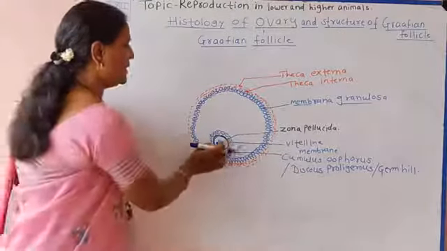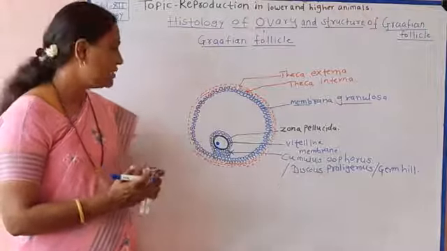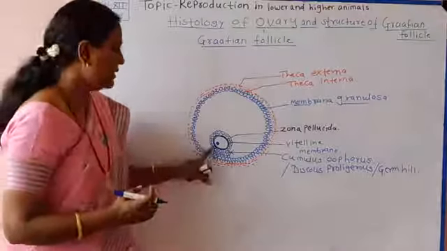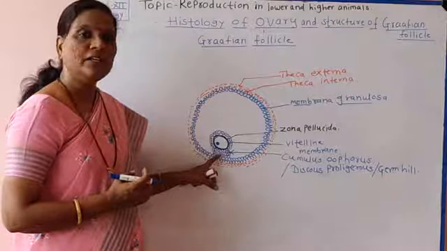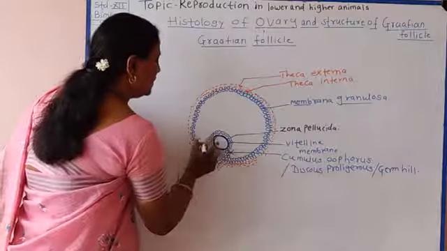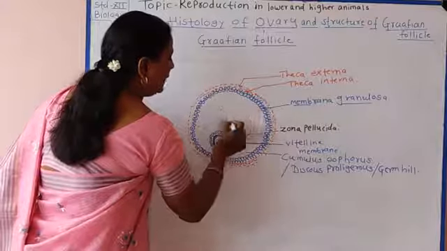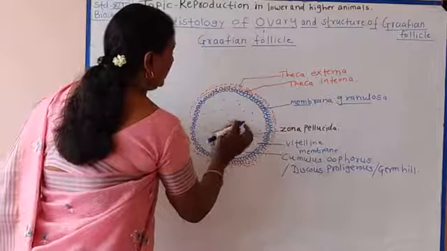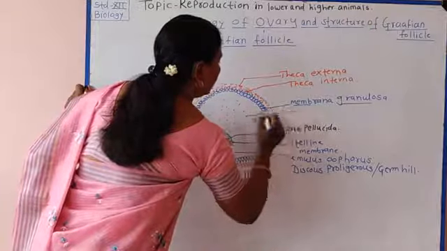So these cells surround the eccentric secondary oocyte. It is surrounded by the cumulus oophorus, also called the discus proligerus or germ hill. Now surrounding this secondary oocyte, there is a fluid-filled cavity, which is called the antrum.